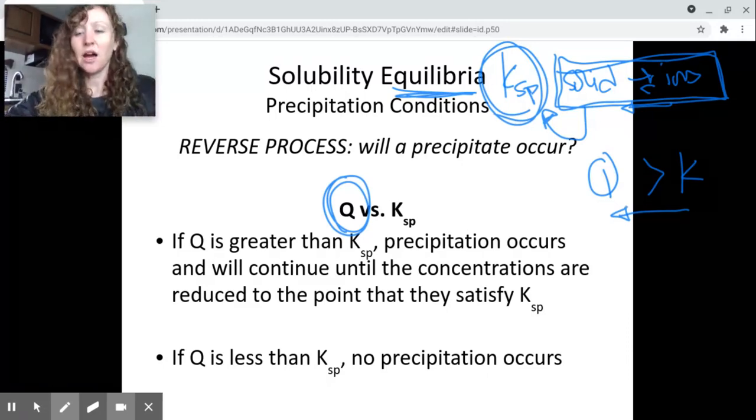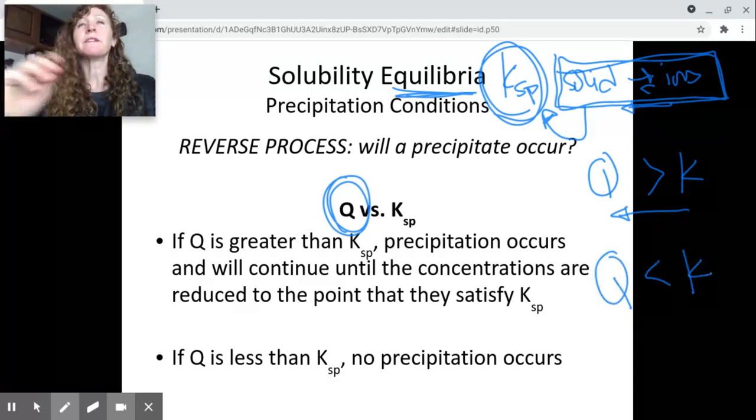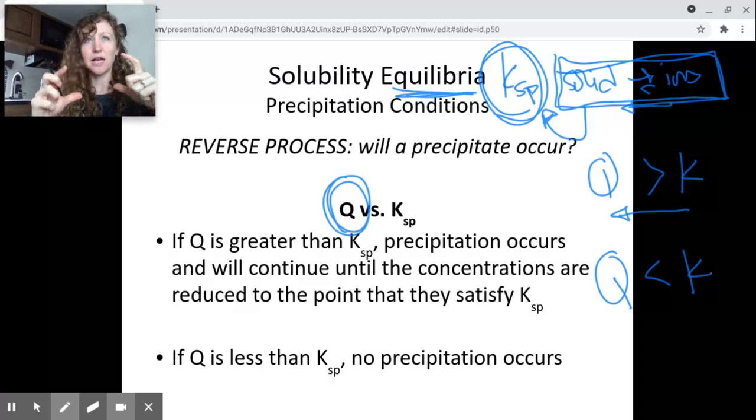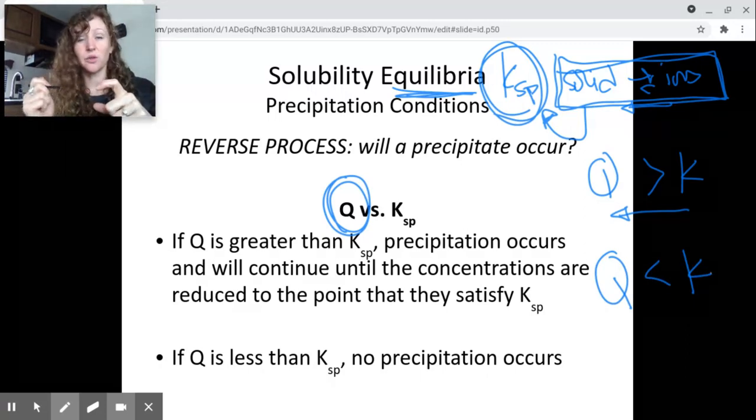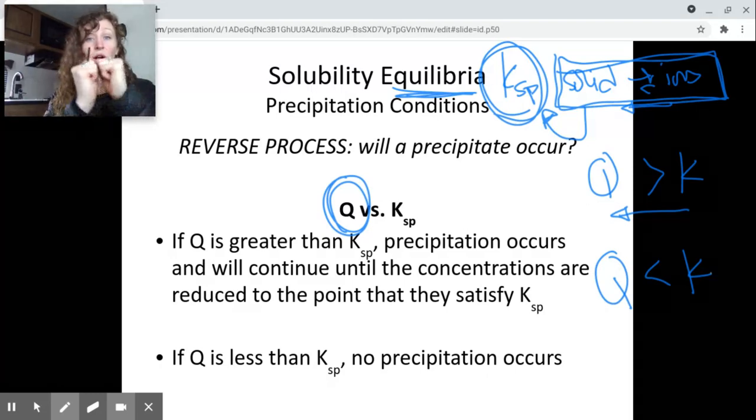Let's think of it in the other way. What if Q is smaller than K? If Q is smaller than K, then those ion concentrations need to get greater in order to hit equilibrium. And so in order for the ion concentrations to get greater, our solid has to fall apart into more ions.